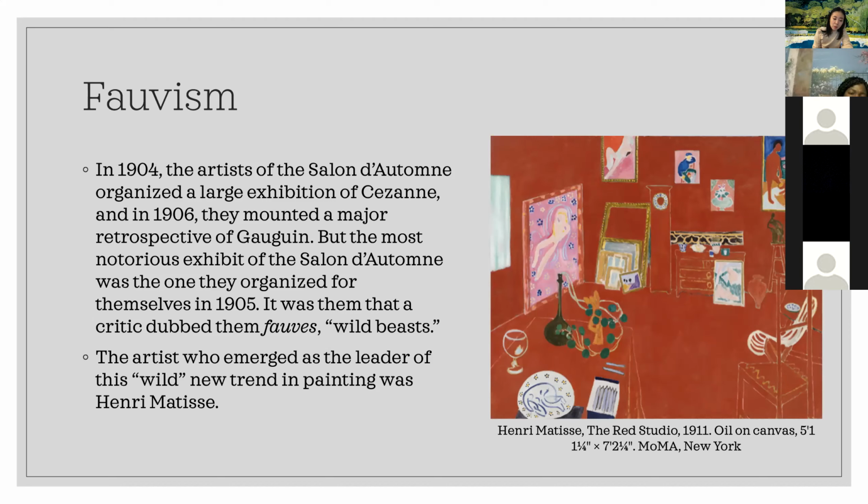But the most notorious exhibit of the Salon d'Automne was the one they organized for themselves in 1905. It was then that a critic dubbed them Fauves, wild beasts. So the artist who emerged as the leader of this wild new trend in painting was Henri Matisse.